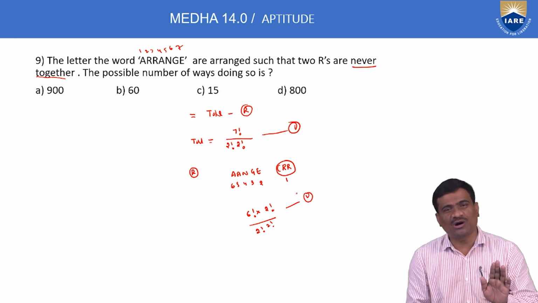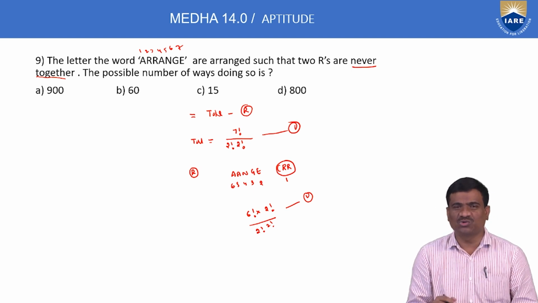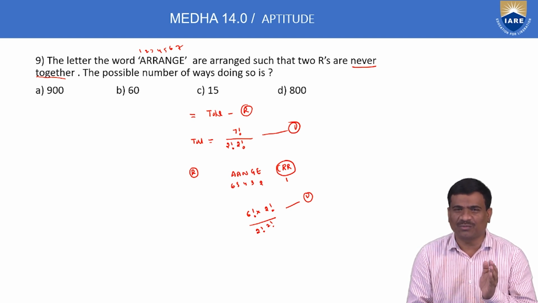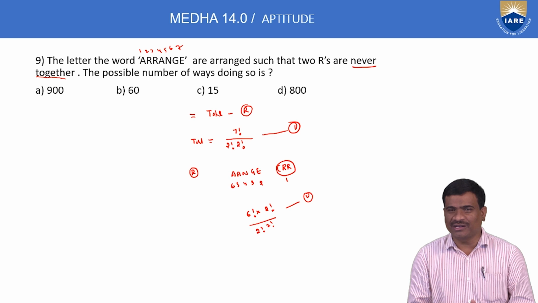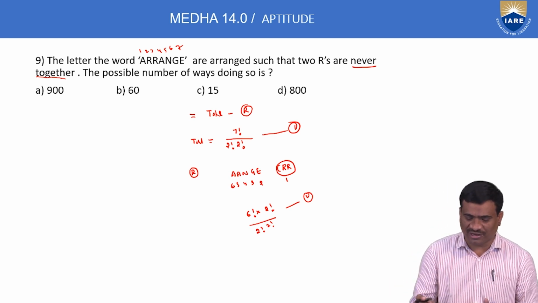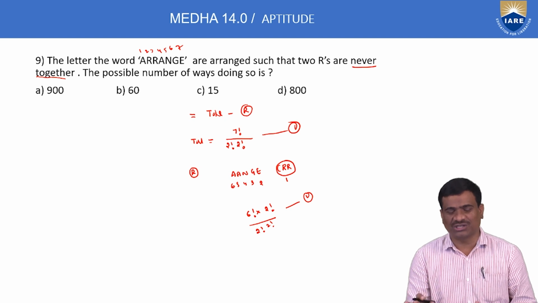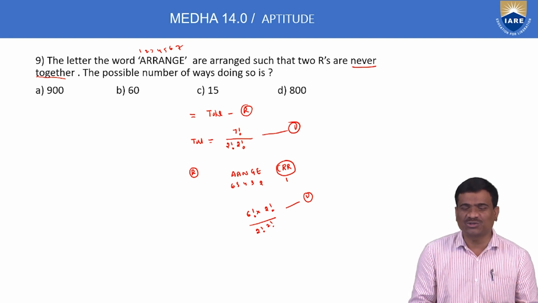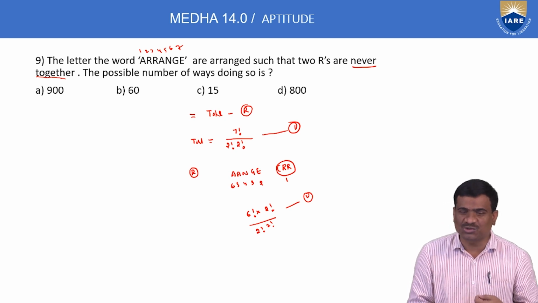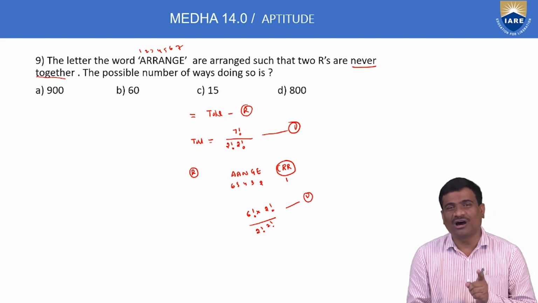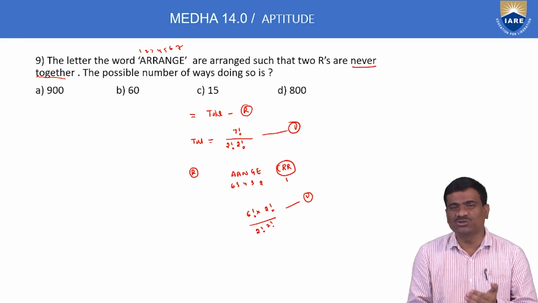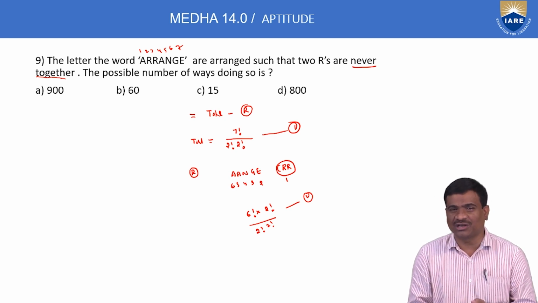Once more, 2 R's never together is equal to total number of arrangements minus 2 R's come together. Total number of arrangements 7 factorial divided by 2 factorial into 2 factorial. Second, 2 R's come together is equal to 6 factorial into 2 factorial, denominator 2 factorial into 2 factorial.